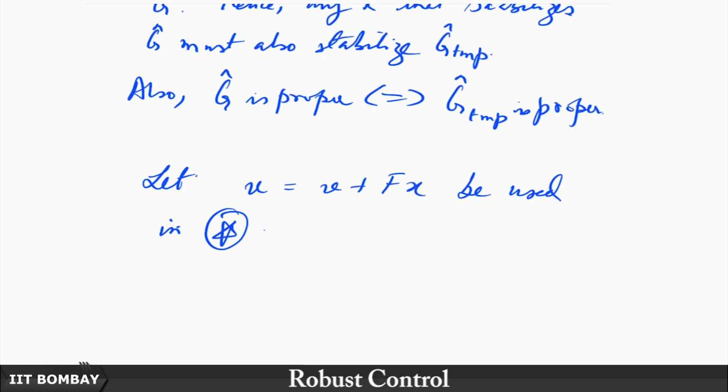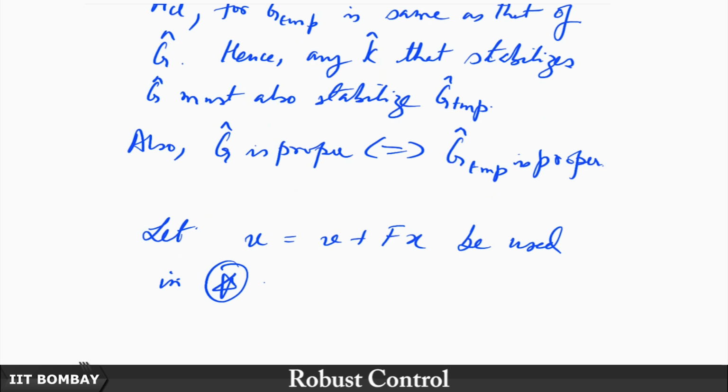In other words, this is all we are going to use. From this V that we have gotten from this G_TMP, we are going to use it. So, let us see what the consequence of this is.